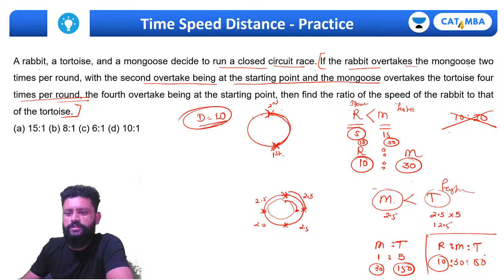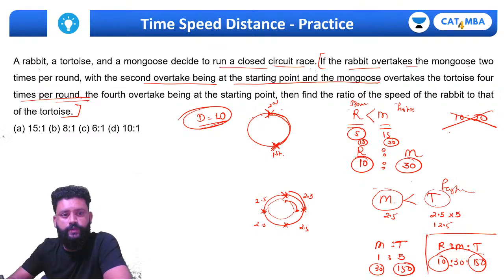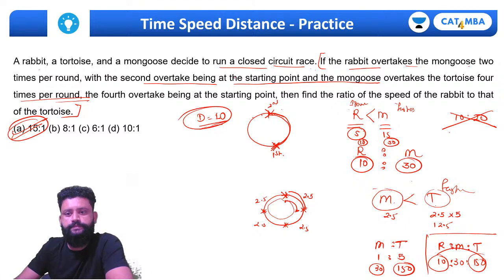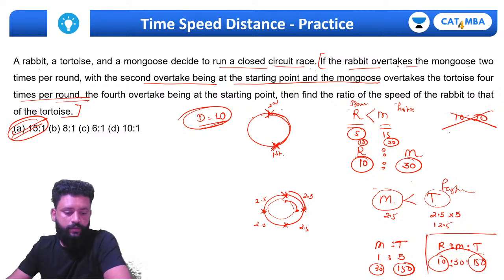So the final answer you'll be getting is 10:150. What did I ask? The ratio of the speed of the rabbit and the mongoose. It should be 1:15, right?